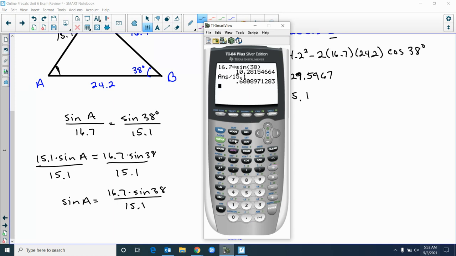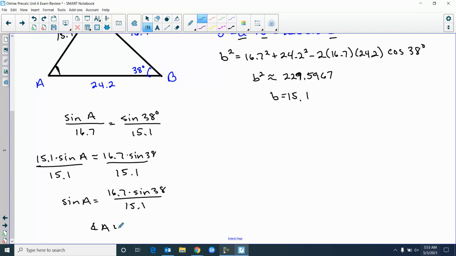Now, since we're looking for an angle, we do inverse sine of the answer, and I get 42.9 degrees. So angle A equals 42.9 degrees.